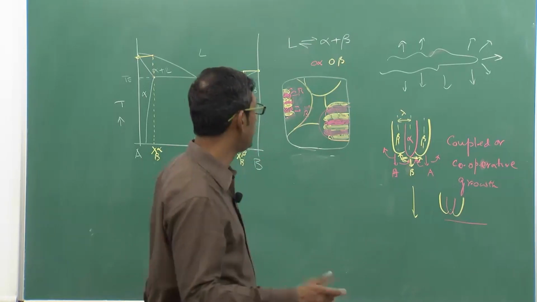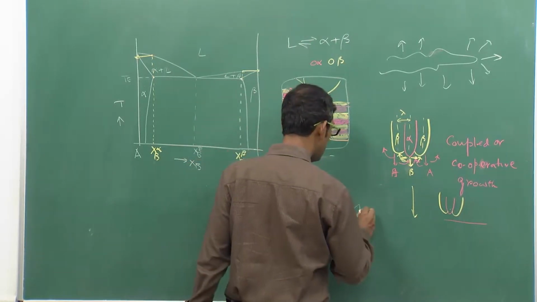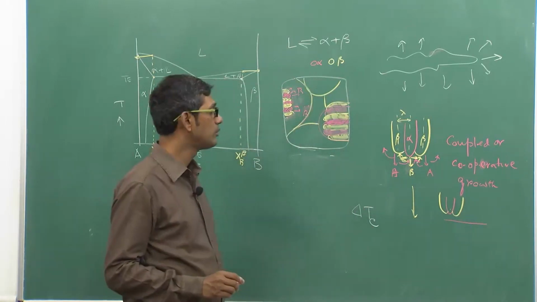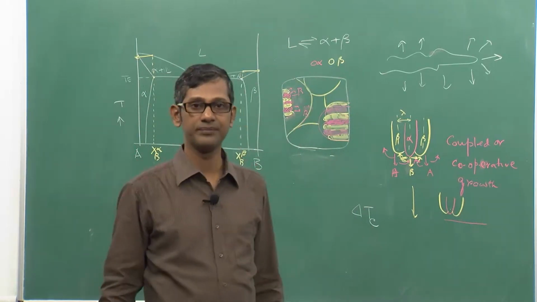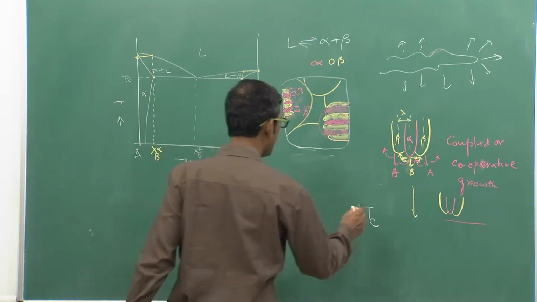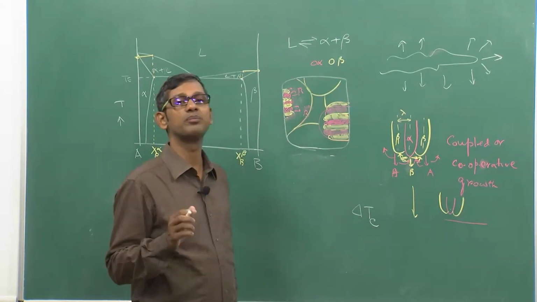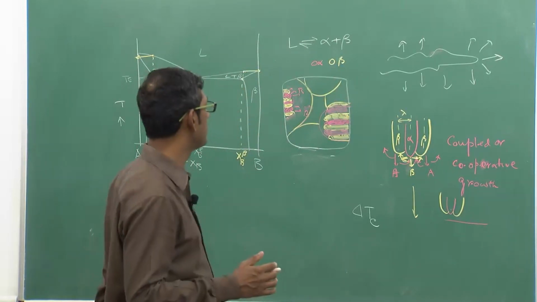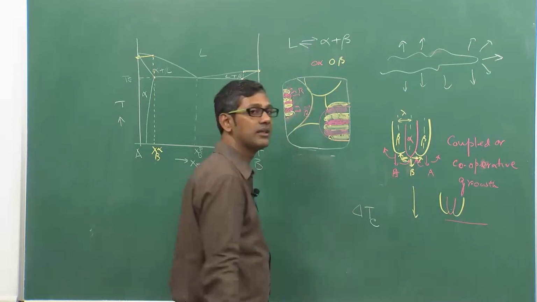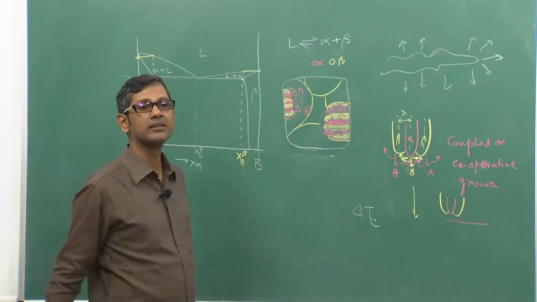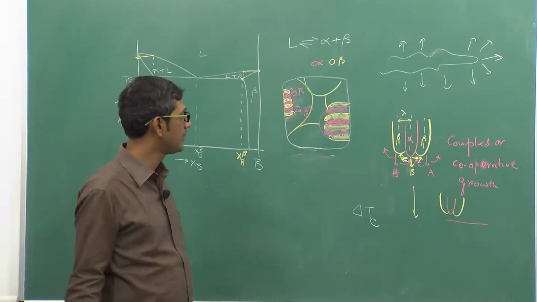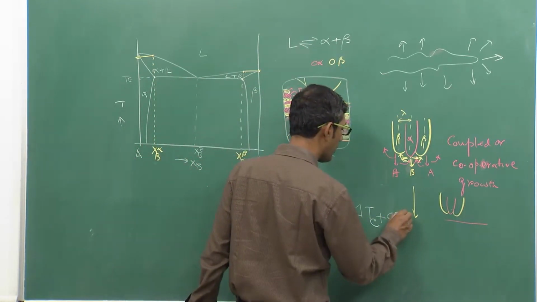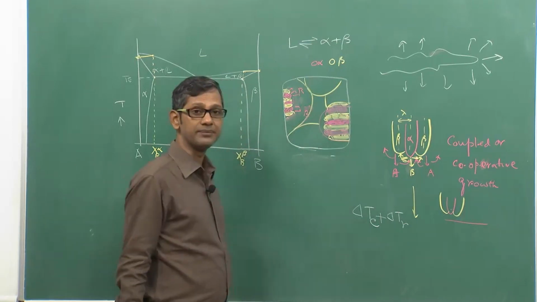So we need to calculate the undercooling required to diffuse or transport these atoms. That is the first part. That is very important, because it will basically dictate how fast this lamellar eutectic colony can grow into the liquid. The second important aspect I just discussed is the undercooling required for the curvature.